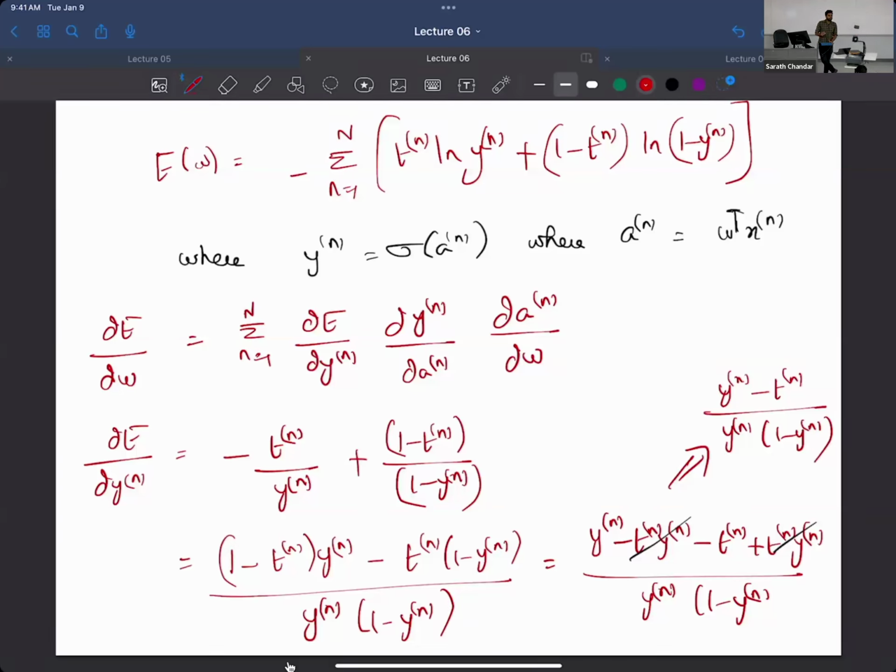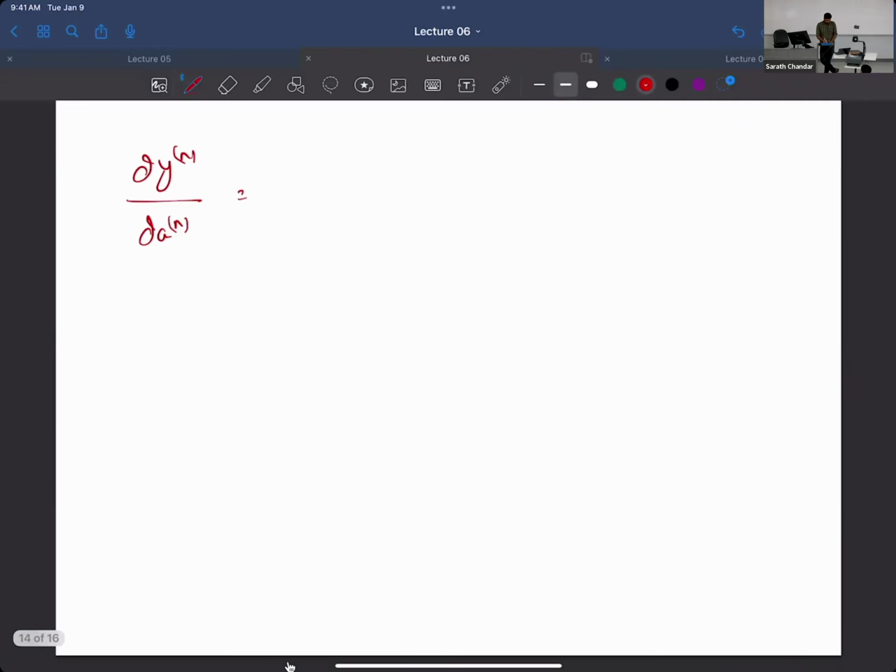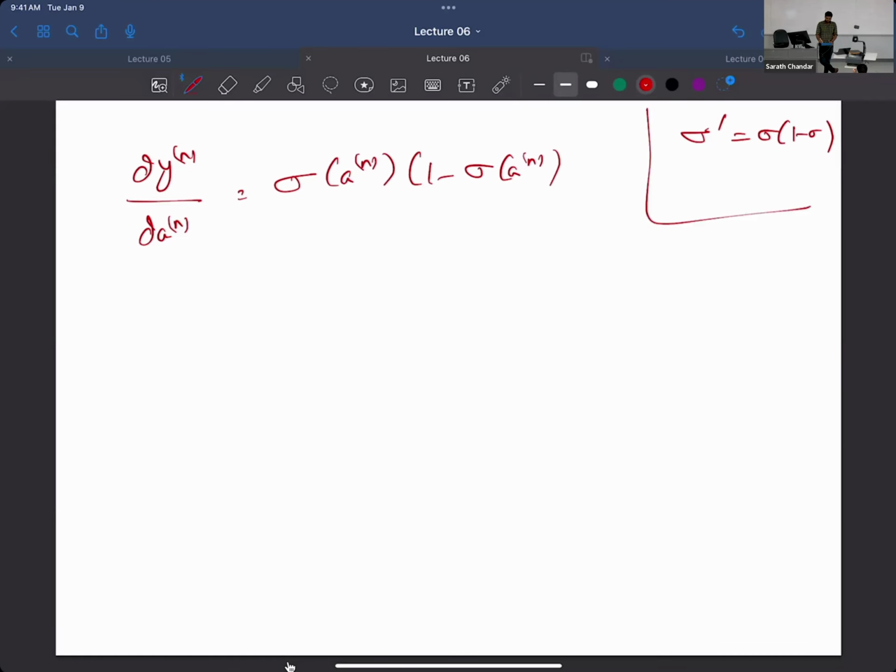So the derivative of sigmoid is just sigma into 1 minus sigma. You can do the derivation to confirm, so it's basically sigma of an into 1 minus sigma of an. Okay, so the derivative sigma dash is simply sigma into 1 minus sigma. So prove.